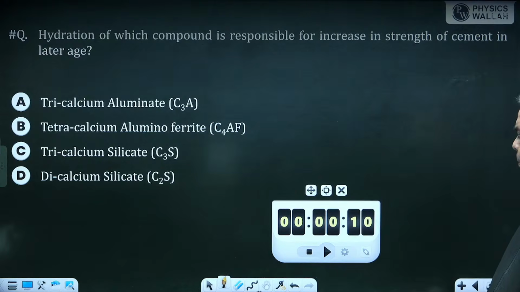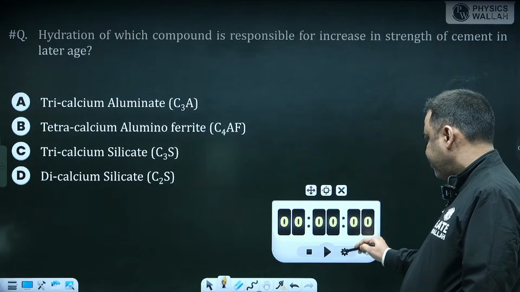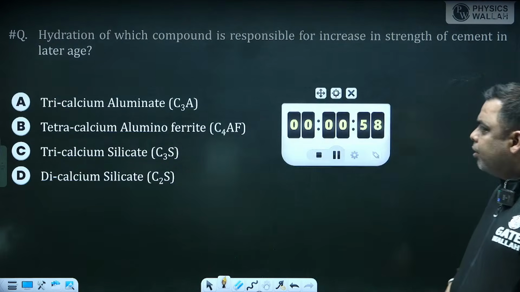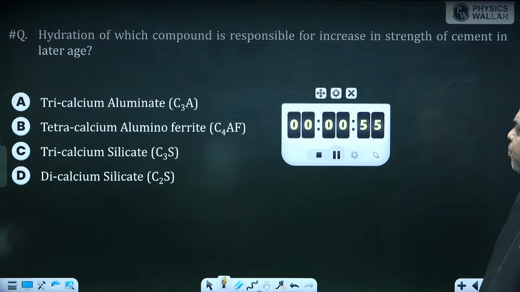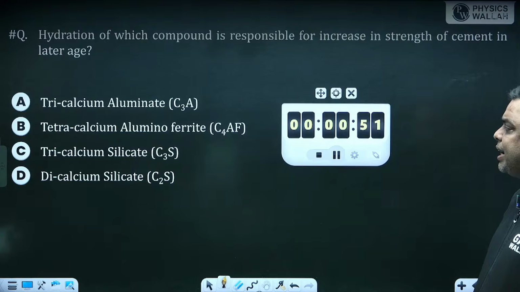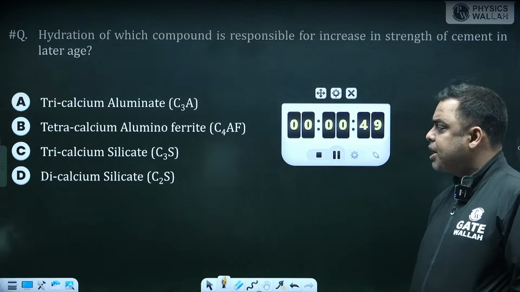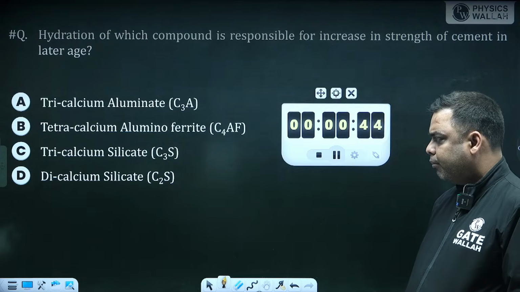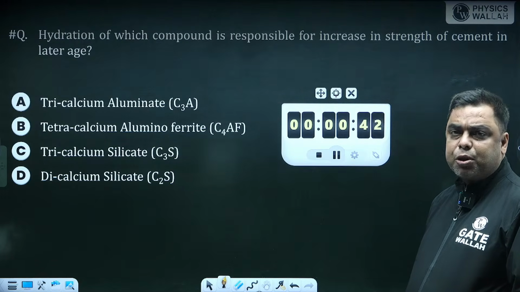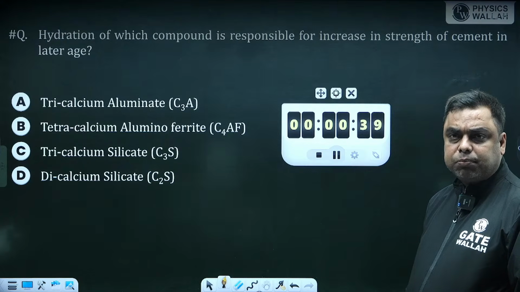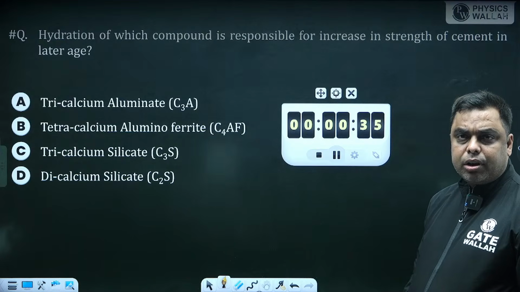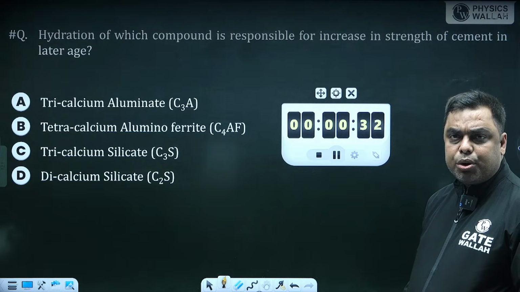Next question. Hydration of which compound is responsible for increase in strength of cement in later stage? In later stage, which is responsible? Ritika ji, Haldar Saab, good.